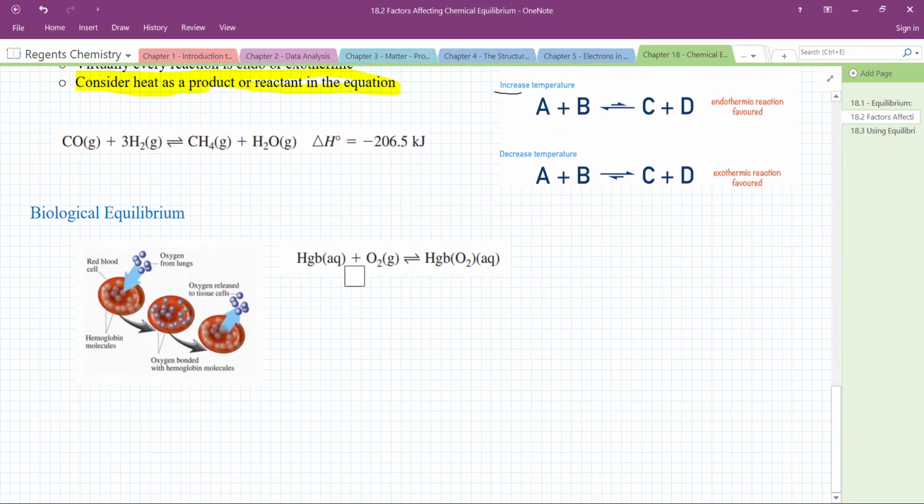That hemoglobin is in equilibrium with hemoglobin bound to an oxygen. And so oxygen from our lungs can dissolve and attach to that hemoglobin. That red blood cell can then move through the body, and it can release that oxygen into an oxygen-poor environment. Again, it's a state of balance, a state of dynamic equilibrium.